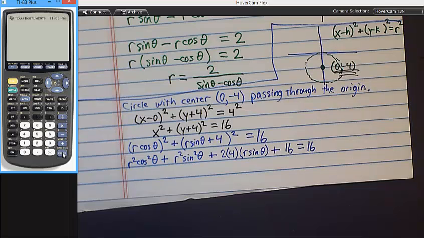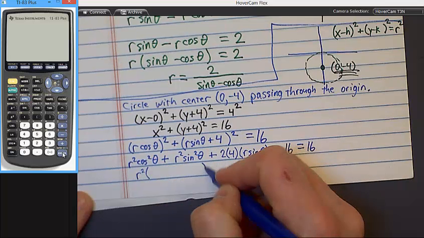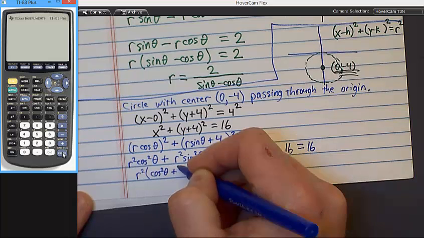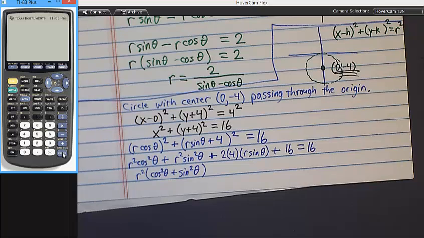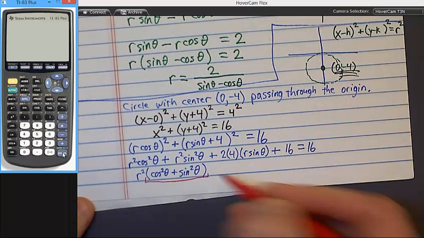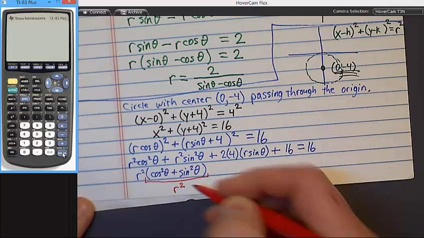But one thing that's really beautiful here, you can start doing some things that are really nice. Now watch this. From the first two terms, I'm going to factor out the r squared. And I'm left with cosine squared theta plus sine squared theta. Does that ring a bell to anybody, what that equals? Ah, the identity, right? That equals 1. So the beginning of this is just going to say r squared.